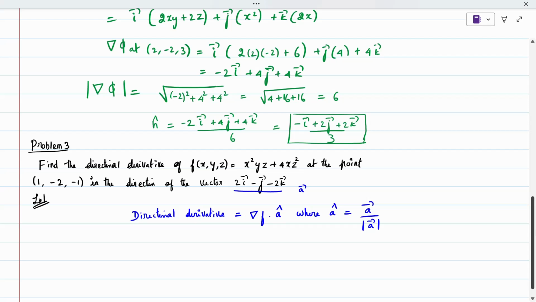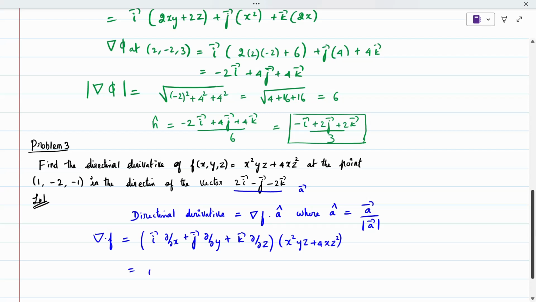So now we will calculate first del phi. Del phi, I need to calculate del dot f. So it's nothing but the dot product. Everyone knows del is nothing but i vector into dou by dou x plus j vector into dou by dou y plus k vector into dou by dou z, acting on the whole f, x squared y z plus 4x z squared.